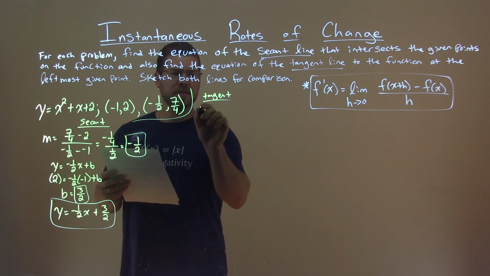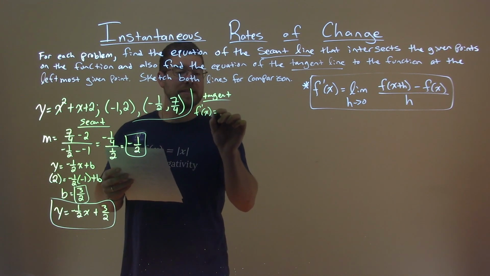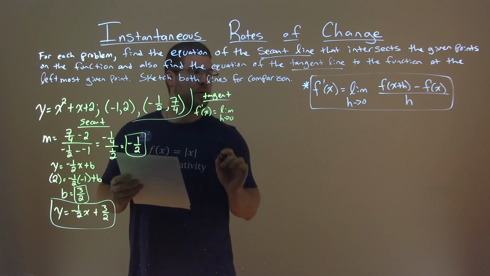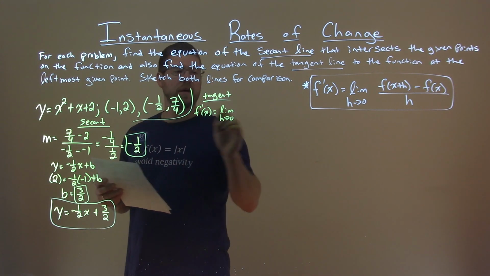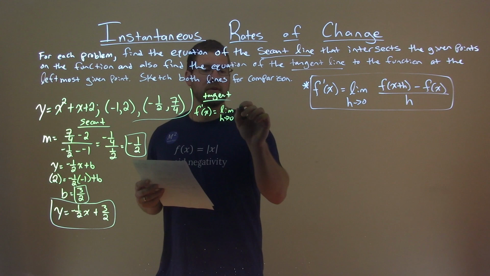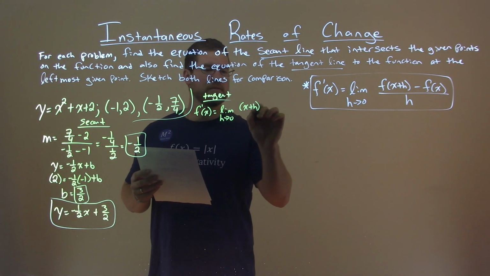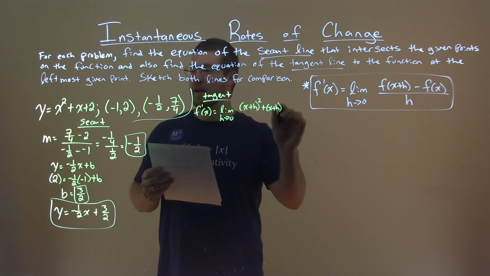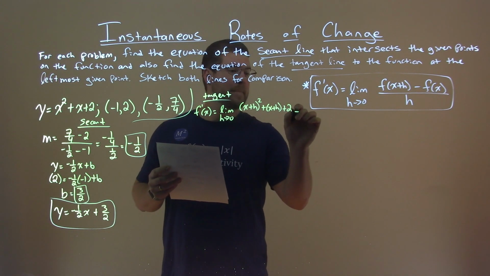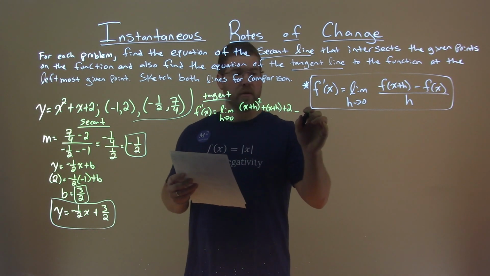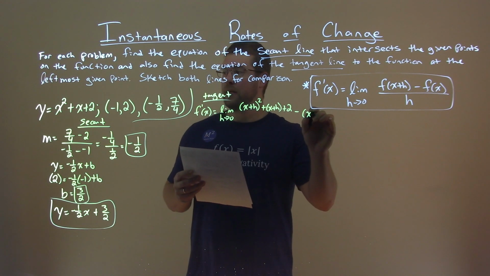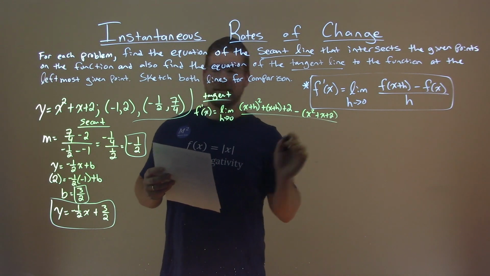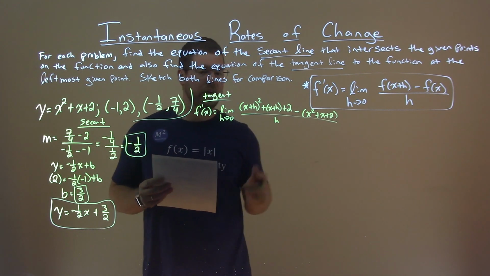Our definition tells us that f prime of x is equal to the limit as h approaches 0 of our function with x plus h put in for x: (x plus h) squared plus (x plus h) plus 2, minus the x squared plus x plus 2, all of that over h.